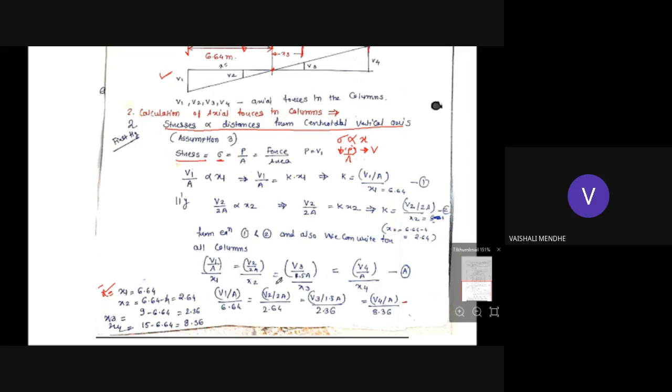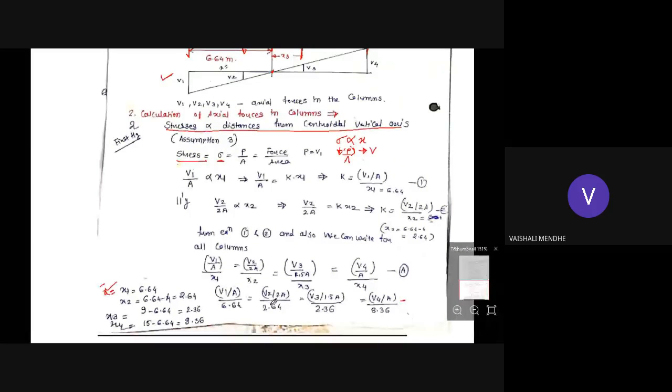So from equating any two of the equations, we get the value of axial forces in the column members. But for that you need a relation of some force in terms of the other, like the relation of V1 in terms of V2 or V2 in terms of V1.